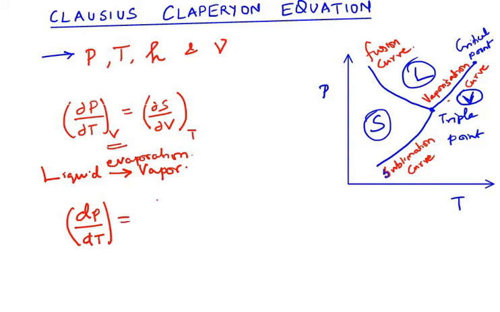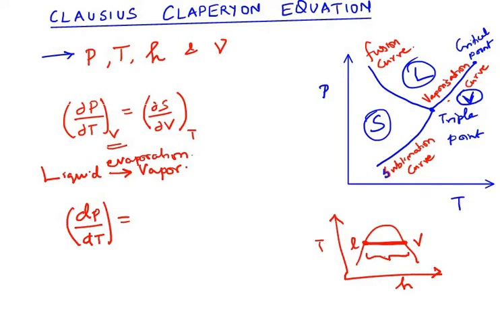So this is equal to the change of entropy. I am having a temperature-enthalpy curve. Here it is liquid and here it is vapor. In the wet region, for converting from saturated liquid to saturated vapor, the amount of heat, that is the enthalpy or latent heat, is added during the evaporation process.